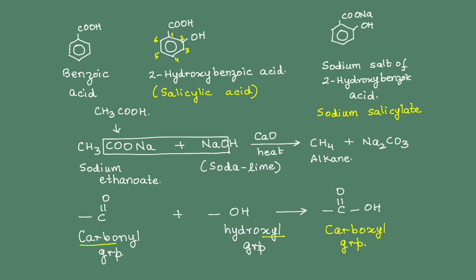So removal of the carboxyl group, right? So this reaction is known as decarboxylation reaction. So you are carrying out decarboxylation of the sodium salt of the corresponding acid to give us the alkane.